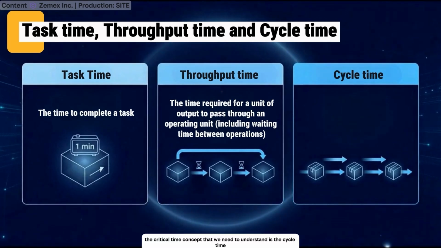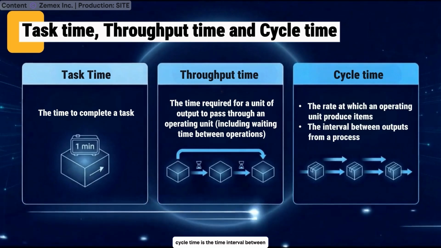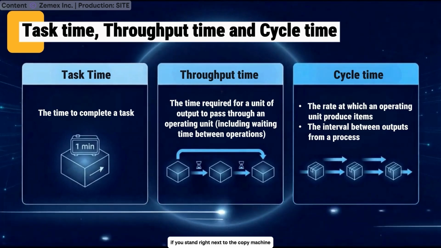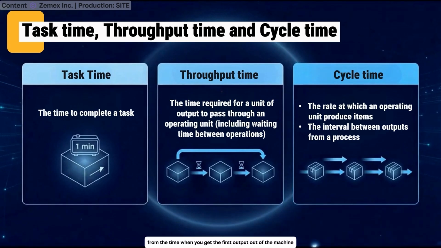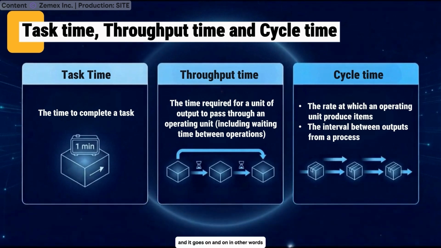The critical time concept that we need to understand is the cycle time. Cycle time is the time interval between outputs from a task or a process. If you stand right next to the copy machine, it is the time from when you get the first output out of the machine to the time when you get the second output from the machine, and it goes on and on.